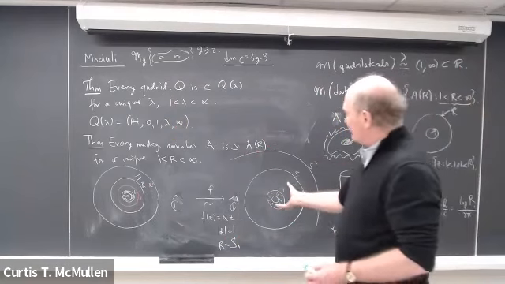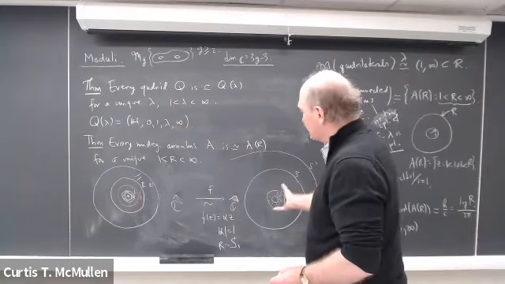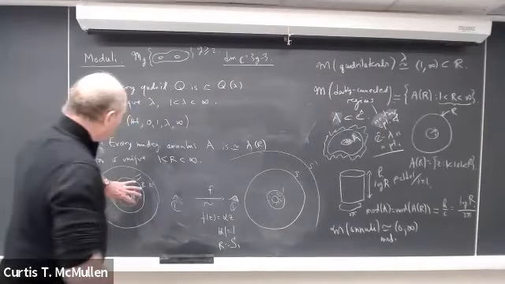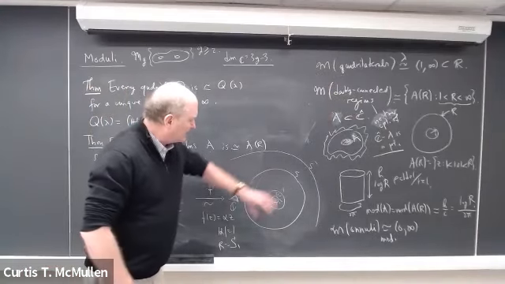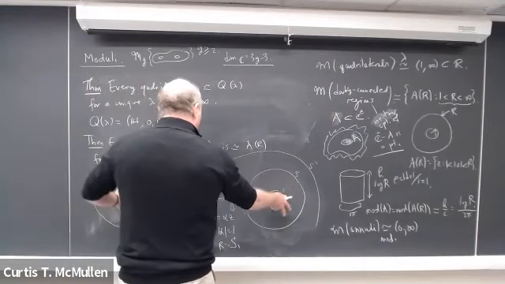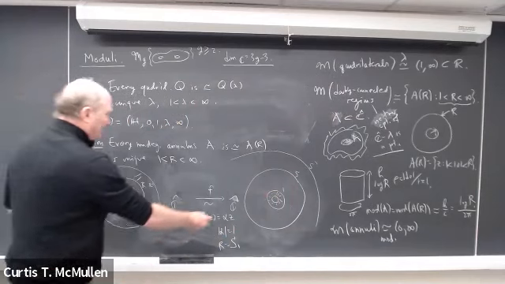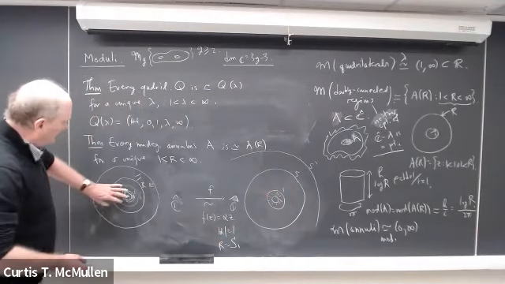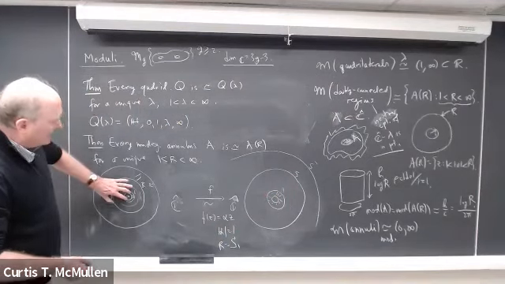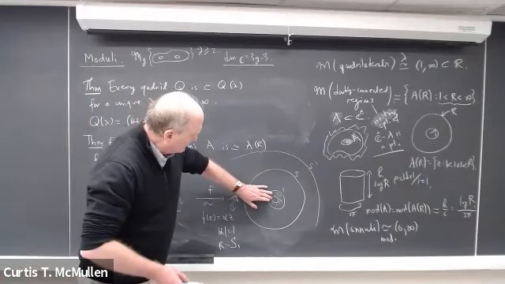It also shows you that the automorphism group of the annulus just consists of rotations, because if R were equal to S, then this proves that F is given by multiplication by alpha, except we assumed that F sent the inner circle to the inner circle.